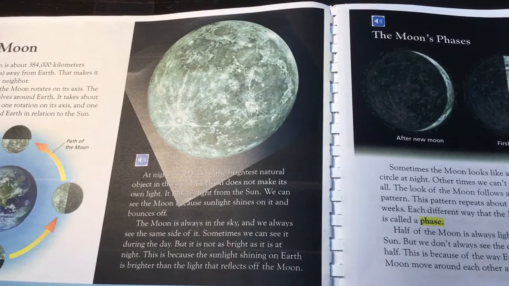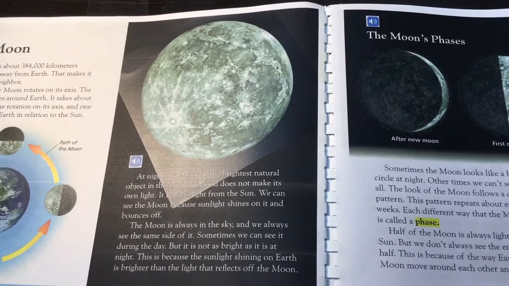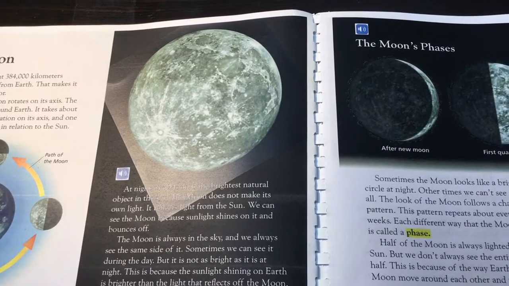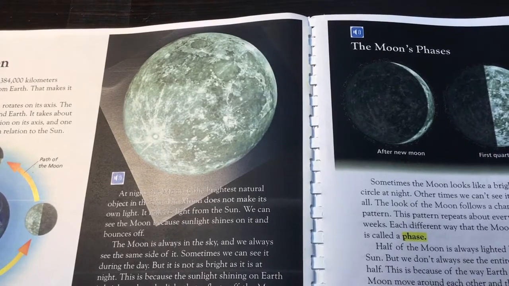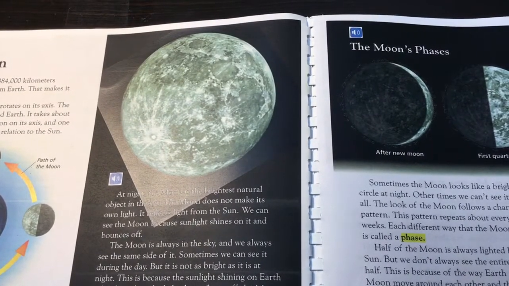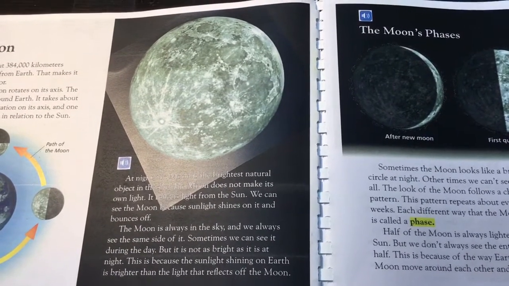Sometimes we can see it during the day, but it is not as bright as it is at night. This is because the sunlight shining on Earth is brighter than the light that reflects off the moon.